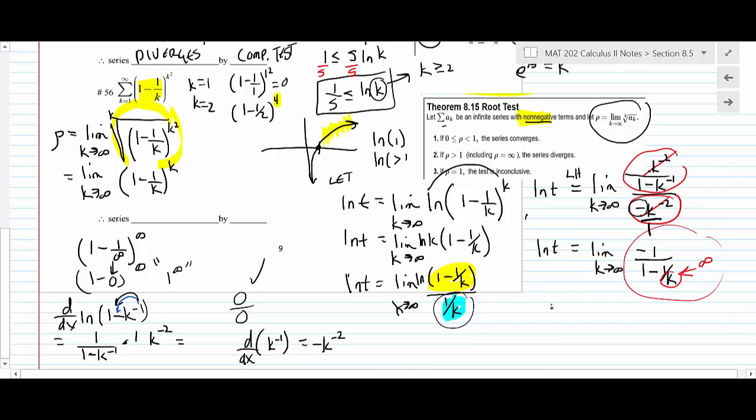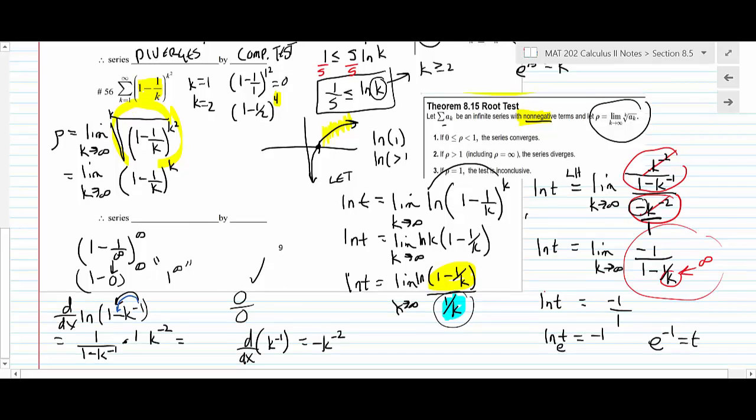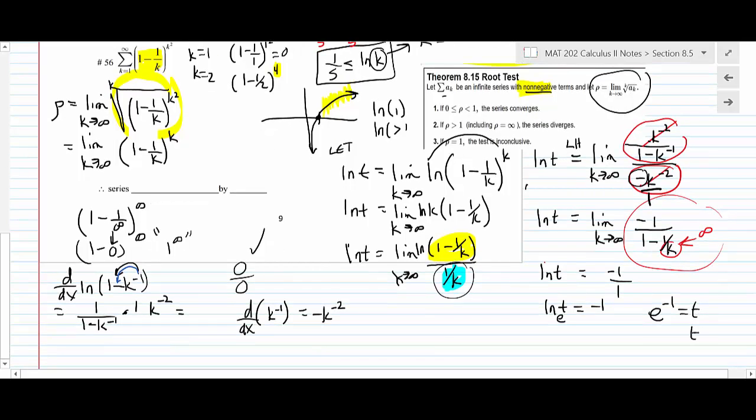So you would have ln of t equals negative 1 over 1. Agreed? Now we have ln of t equals negative 1, and you want to write this in exponential form. That's a base e, so you would say e to the negative 1 equals t. So in other words, t, which is the value of our limit, is 1 over e.